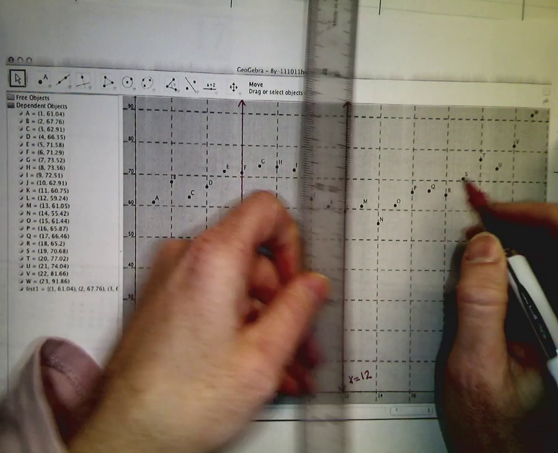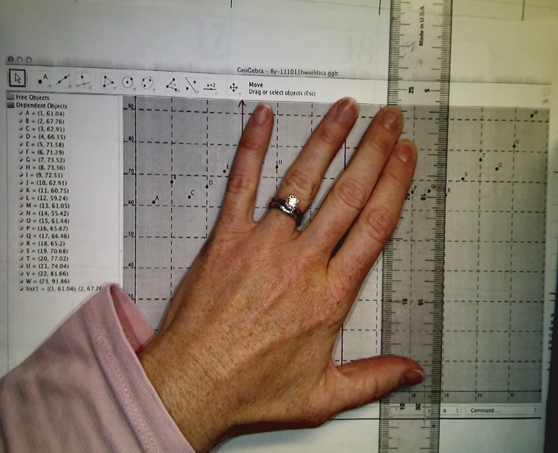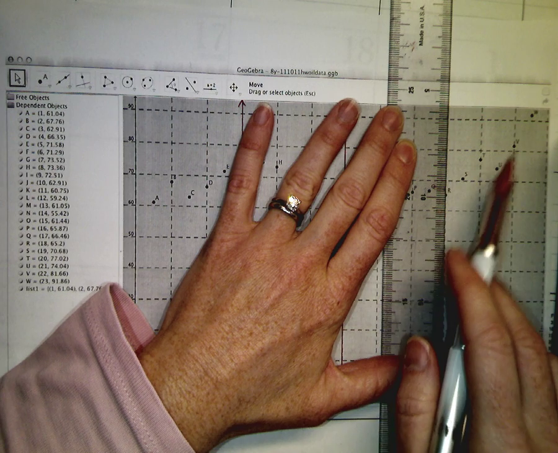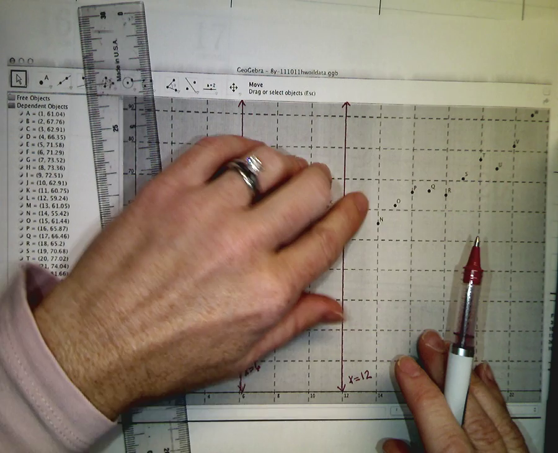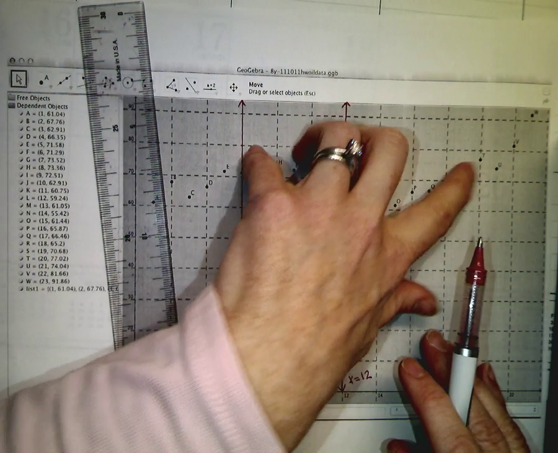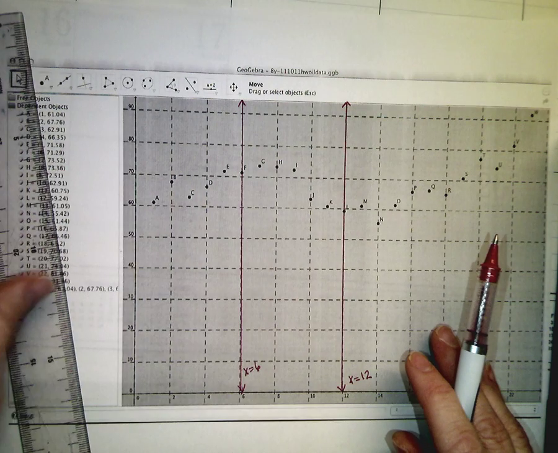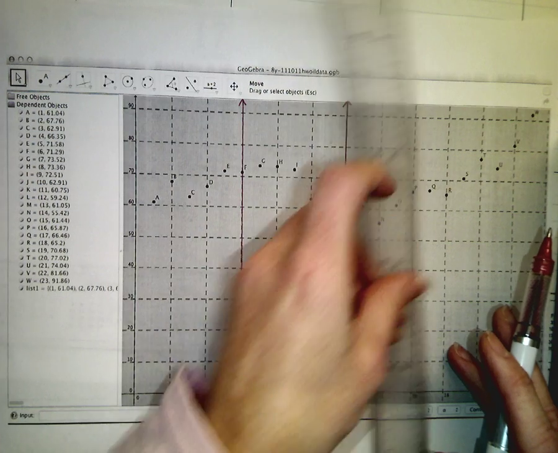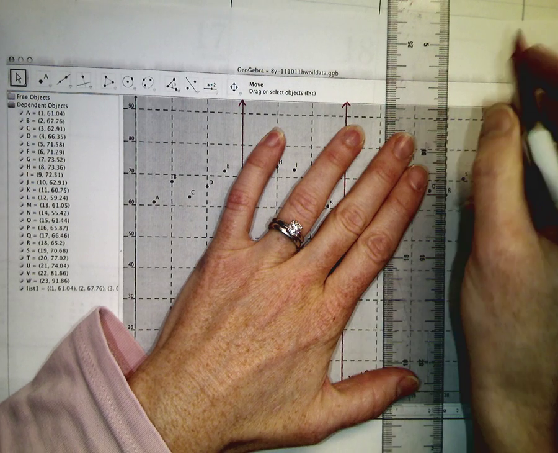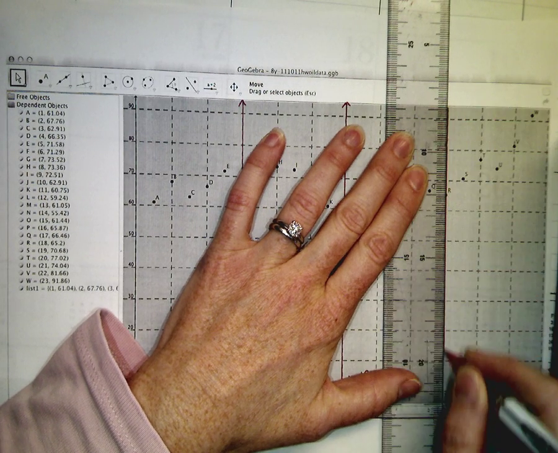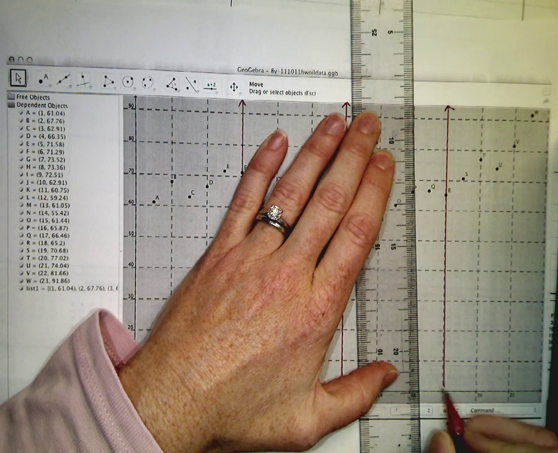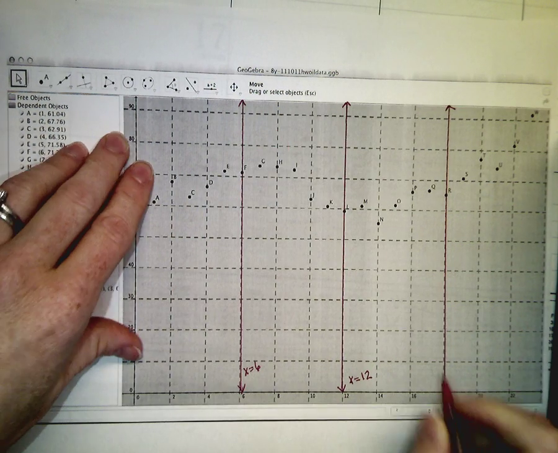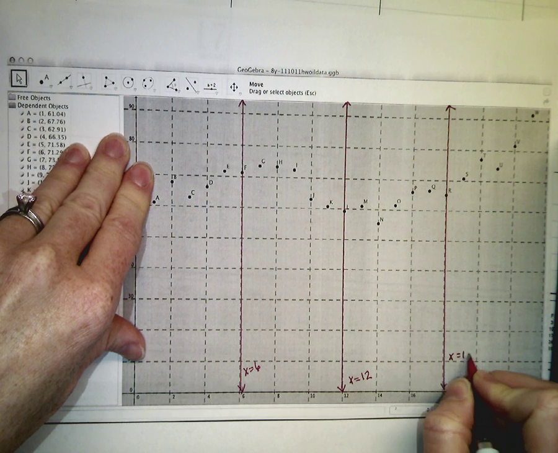Hold on one second. 1, 2, 3, 4, 5, 6, 7, 8, 9, 10, 11. Sorry, so it's a 6. Yep, 1, 2, 3, 4, 5, 6. Good. Sorry about that. All right, here we go, through R. And my x values are all 18 on that line, so x equals 18.